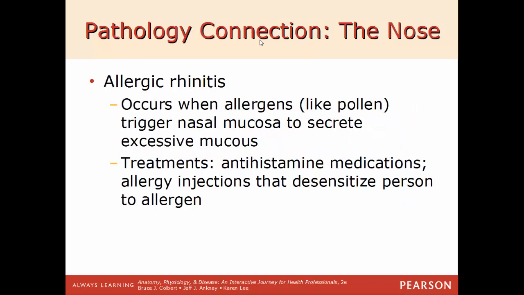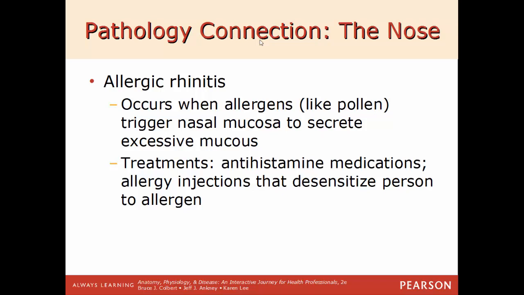Alright, now I'll talk about a pathology connection regarding the nose. Talk about allergic rhinitis. Now, this occurs when allergens, such as pollen, trigger the nasal mucosa to secrete excessive mucus. Some common treatments: antihistamine medications, allergy injections that desensitize the person to an allergen. Basically, a runny nose.